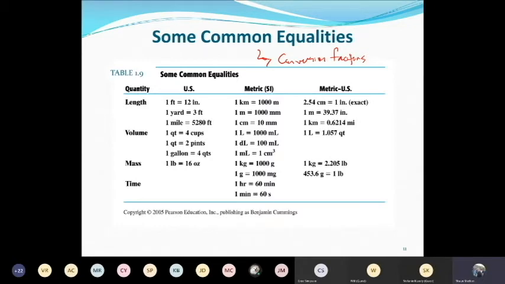So what I'm going to do is highlight the conversion factors that you need to know, and the other ones you don't have to worry about. I'm going to highlight that really fast here. Some of these you already know. Some of these you will want to go ahead and learn and make sure you remember them.